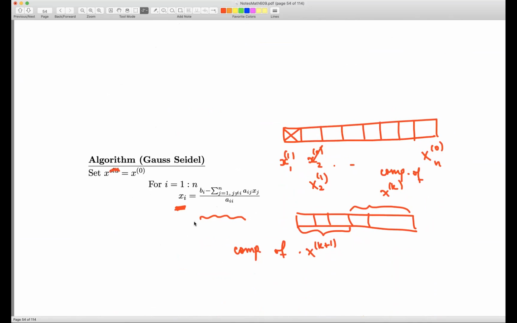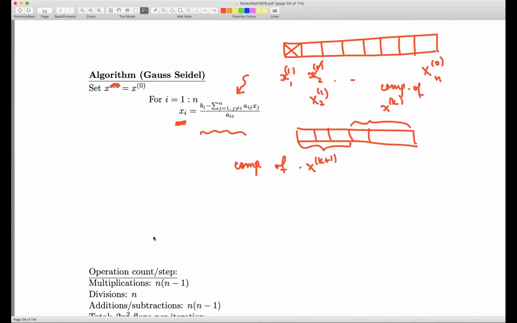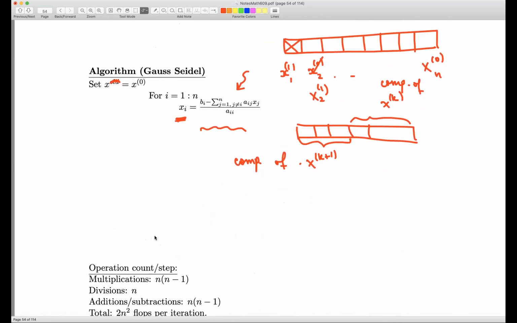As you can see, we are not using anywhere the explicit form of the Gauss-Seidel iteration matrix. Everything is implicitly incorporated in this loop. And again, nothing is basically different than the Jacobi method, with the only difference that we have here the overwriting.